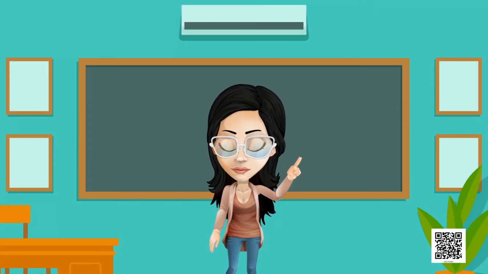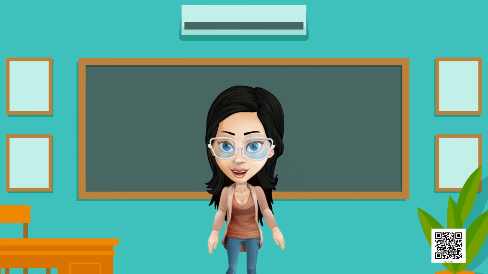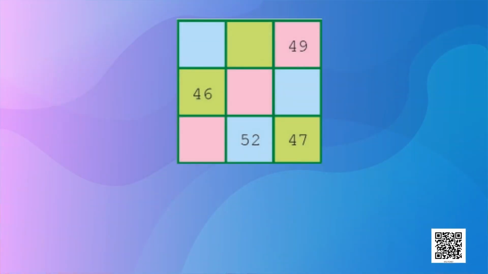Hey children, let's make some magic squares. Fill this square using all the numbers from 46 to 54. The rule is that the total of each line is 150. So, are you ready? Look here. In the first row, here it's 49. Middle row, 46.